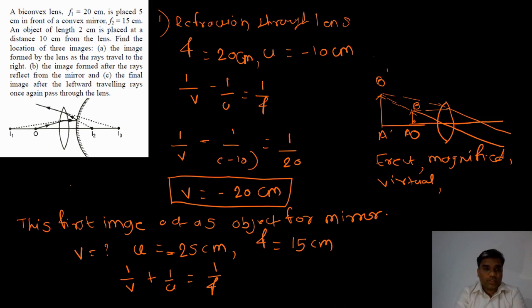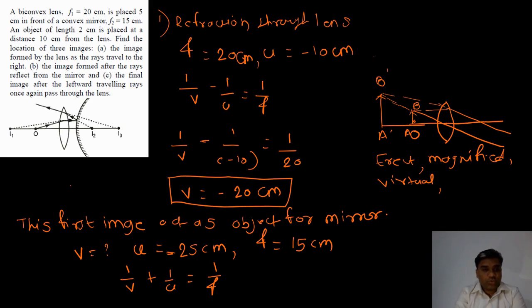Now for the mirror, the distance between the biconvex lens and the mirror is 5 centimeter. The distance of this first image from the center of the biconvex lens is 20 centimeter. So the total distance of the object from the mirror is 25 centimeter, and rays are traveling towards the right.